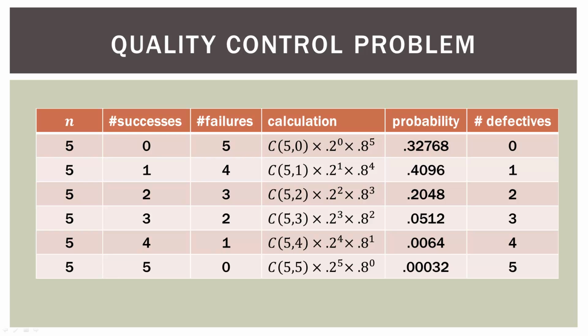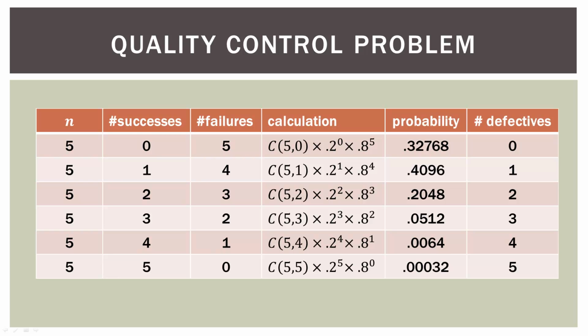So we have the probability of 0 successes, which is the same thing. The probability of having no defective products is 0.32768. Then we move on down. The probability of having 1 defective product, or 1 success, is 0.4096. That's what we found out in the previous one. Then we can go down. 2 defective products, 0.2048. 3 defectives in that 5, 0.0512. 4 defectives, 0.0064.